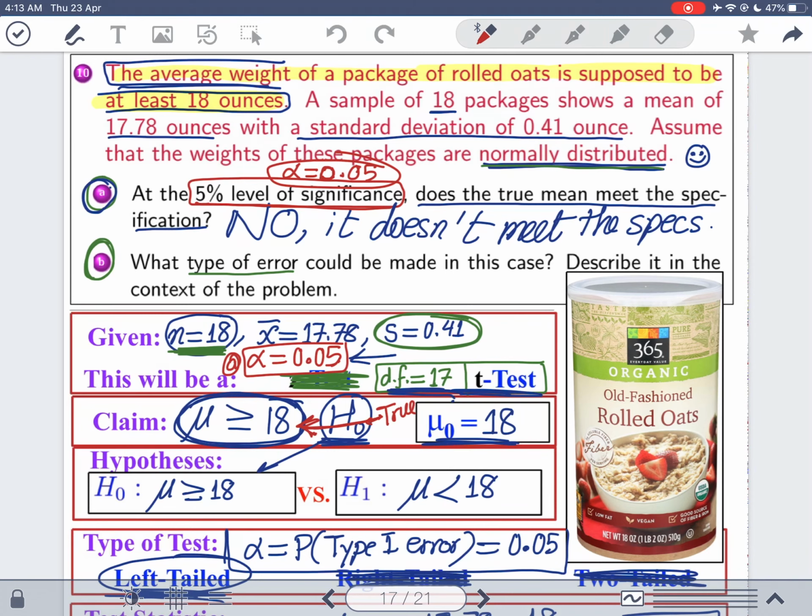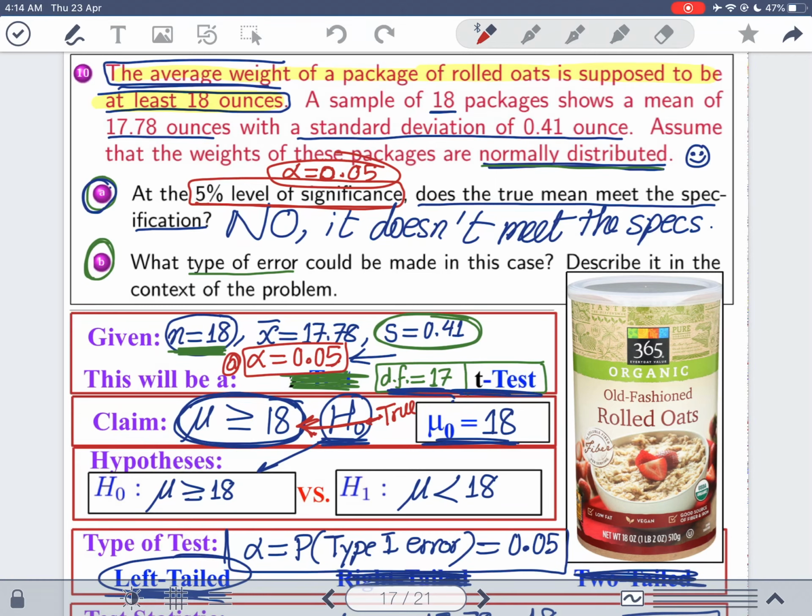So the probability that this could happen is 5%. And the probability that it couldn't happen, of course, is 95%. That's why, in this case, we are rejecting H0 and we are, you can say, 95% confident that we rejected a false null hypothesis. But there is always this 5% chance, because alpha is 5%.